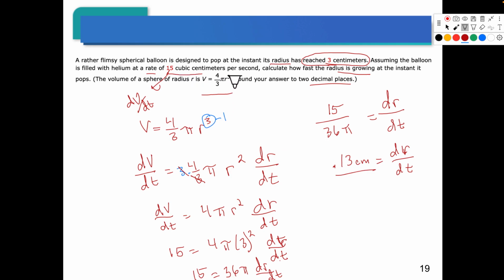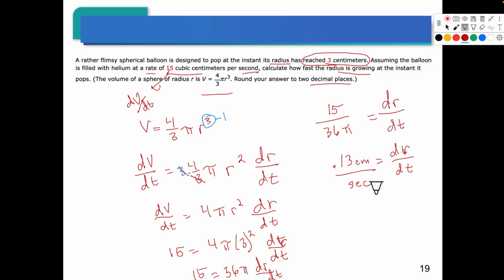Second, yeah, so with this rate, it's per second. So 0.13 centimeters per second. So that's how the radius was changing right when it popped. Now it's not going to change at all because it's popped, right? But that was the speed of the radius at that instant.